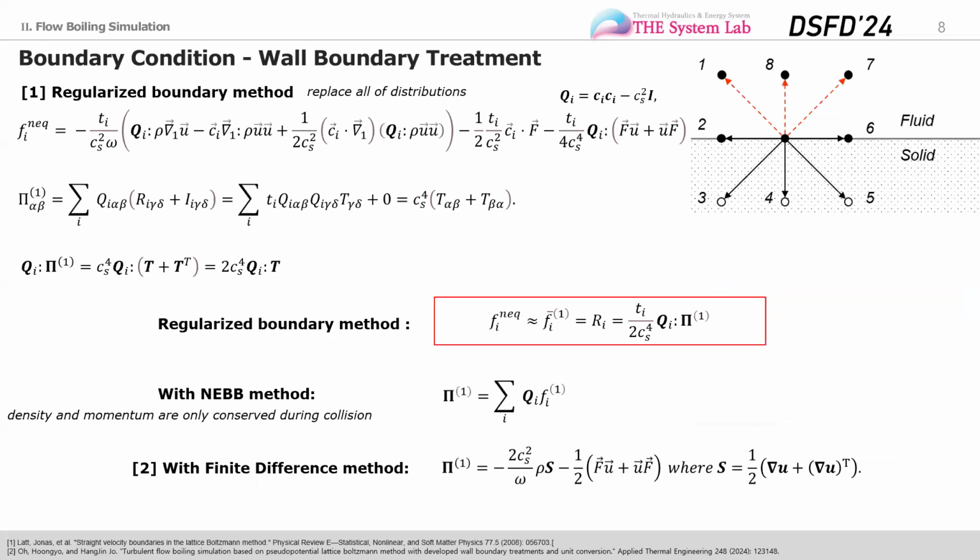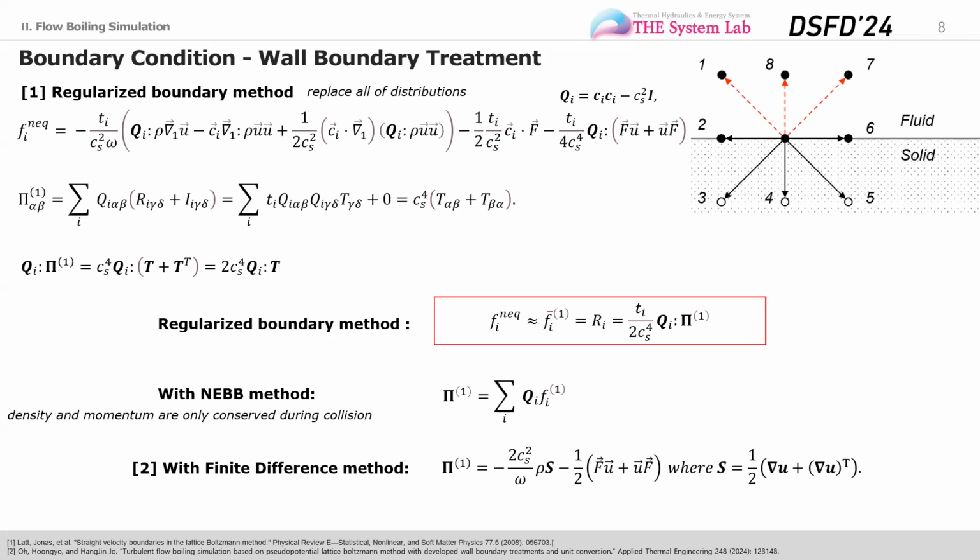This is about the wall boundary treatment. Latt developed this regularized boundary method to enhance the stability at the boundary node, and they found that it has higher stability compared with the Zou-He boundary method.